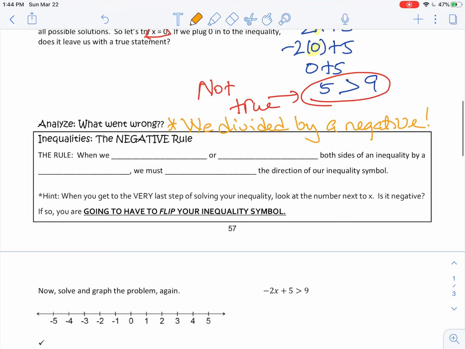All right, so we're going to talk about the negative rule. This makes this just a little bit tricky, and you have to pay close attention to it. This is the rule. When we multiply or divide both sides of the inequality by a negative number, we must reverse the direction of the inequality symbol.